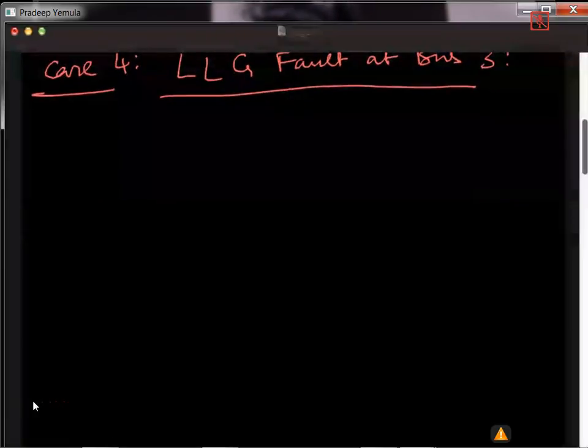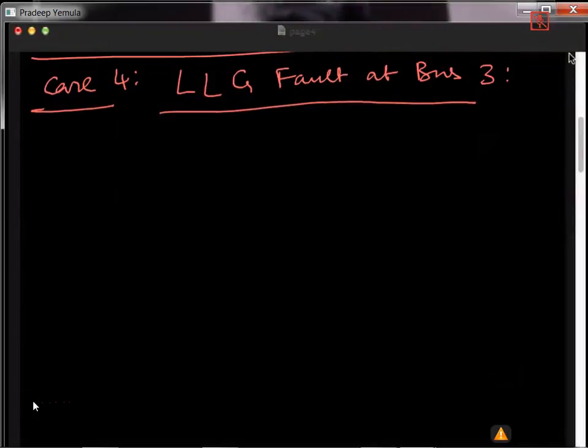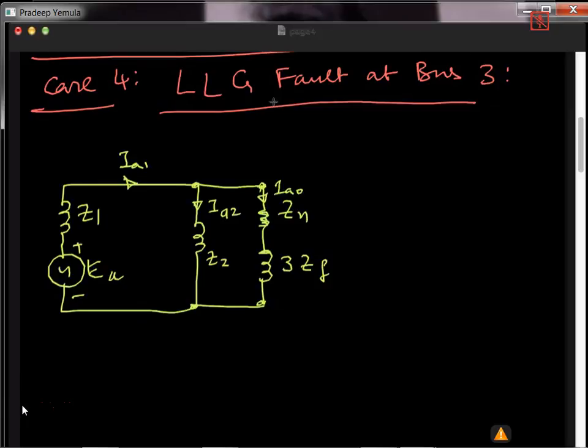Just go to the previous notes and copy the network here. I go to my notes, and for the LLG fault, I copy the sequence network. Let me put the values here.